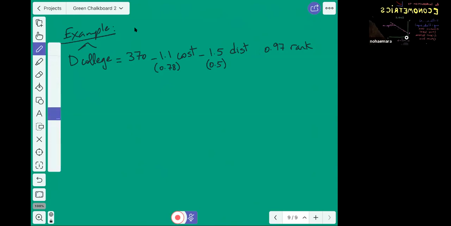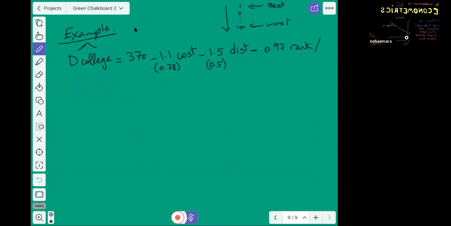So I have colleges that are ranked from 1 to, let's say, up to 100. The ones near 1 are the best, and out of 100, this is the worst. So as I go from 1 to 100, which means the college gets worse, I would expect the demand to decrease.